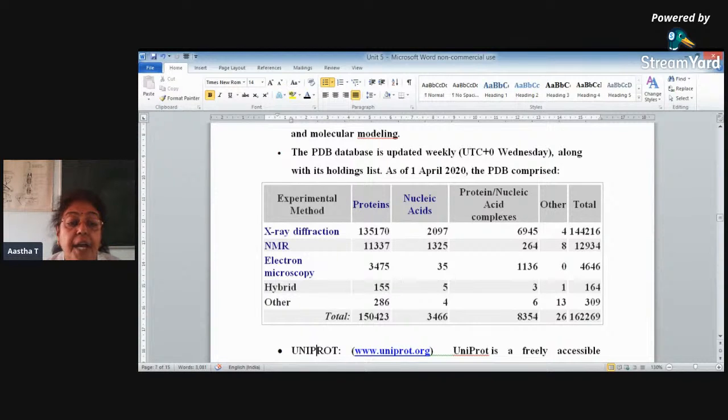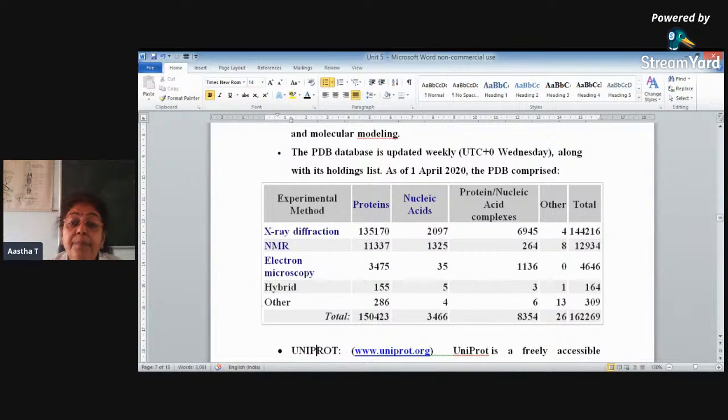X-ray diffraction किंवा X-ray crystallography किती प्रोटीन्स त्यांनी आयडेंटिफाय केलेले आहे किंवा डेटा बँकमध्ये अवेलेबल आहेत. 1,35,170 proteins, 2,097 protein nucleic acids. Protein nucleic acid complexes are 6,945. There are some other type of data of various macromolecules, that is 4 unidentified part.